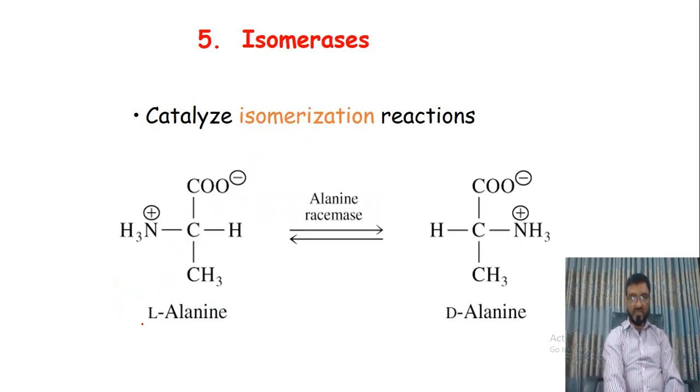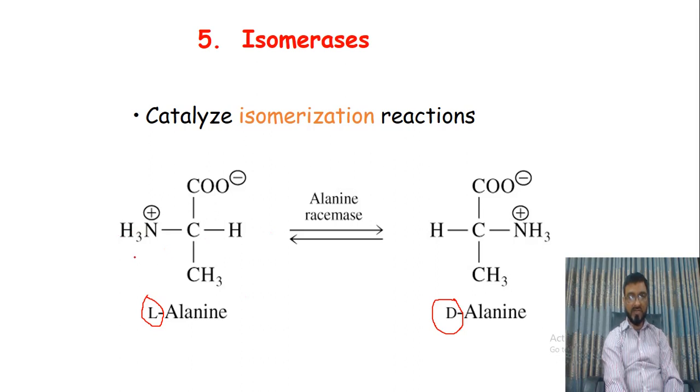Look at this one. This is alanine racemase. This is an amino acid, L-alanine, and it creates another isomer, D-alanine. What is the basic function? This L-alanine and the D-alanine are mirror images of each other.